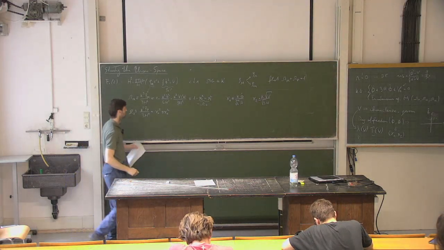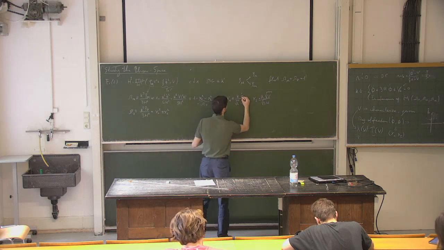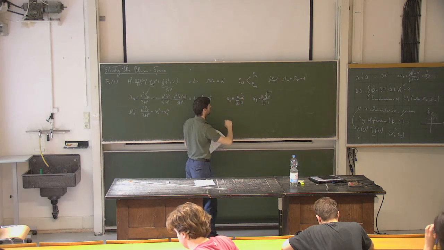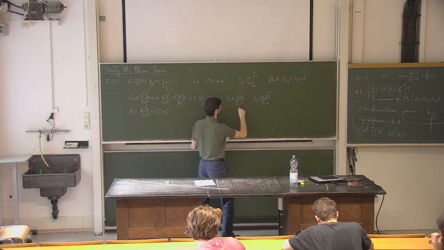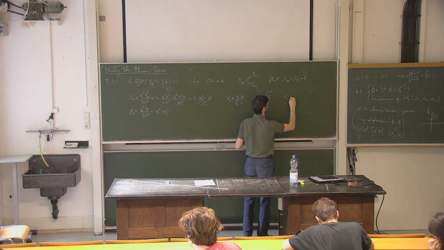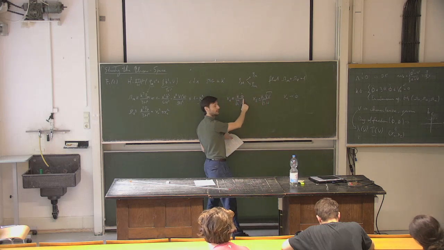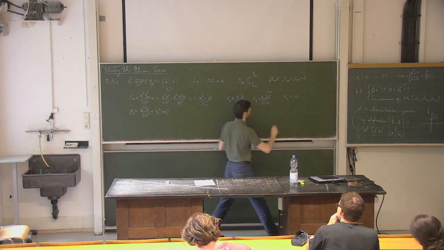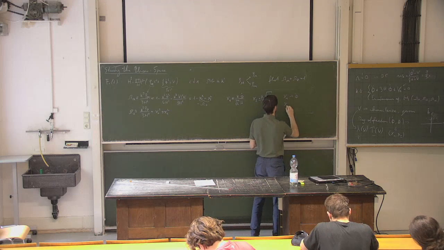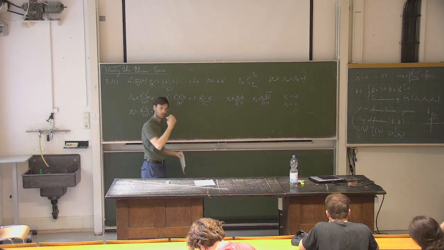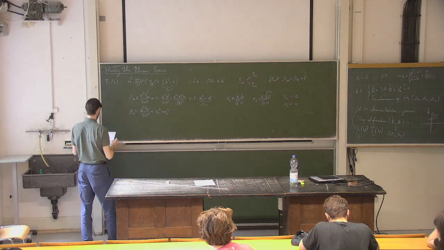Good. So what this is telling us, if we go back to these two guys, is that x1 is related to phi dot, so the kinetic term, whereas x2 is related to the potential. Okay, so they give us these two pieces of information.